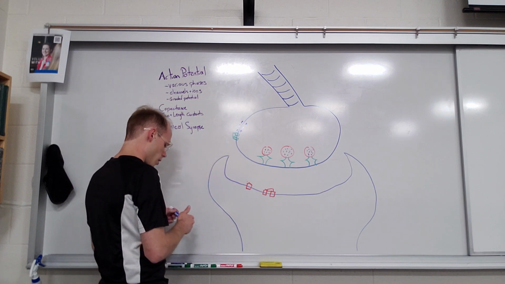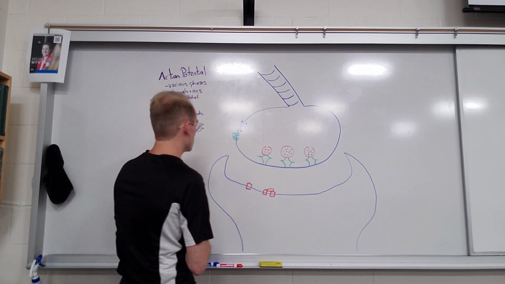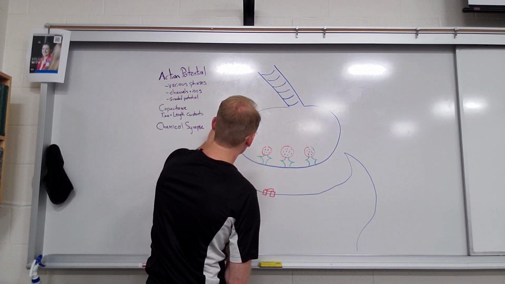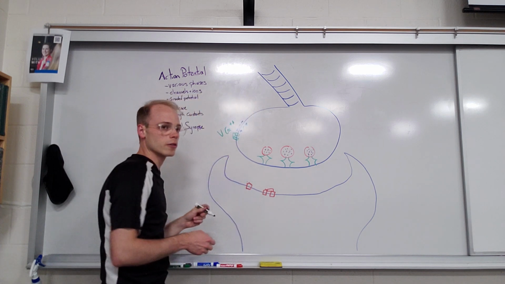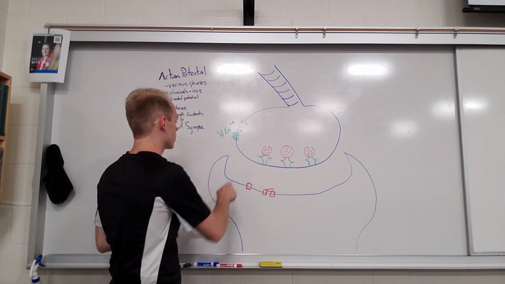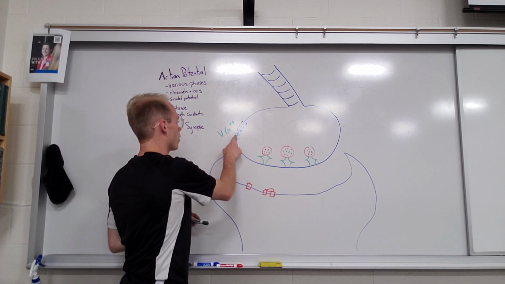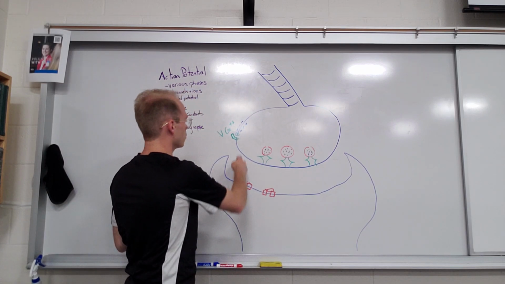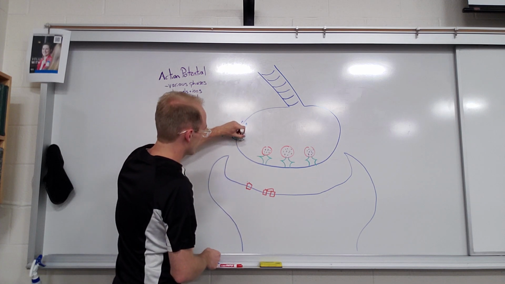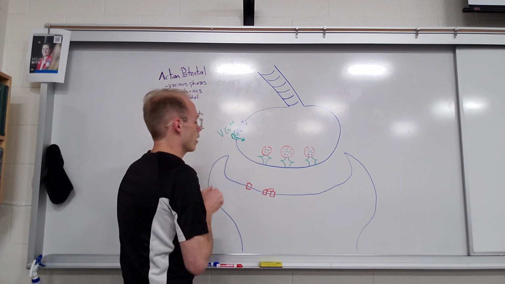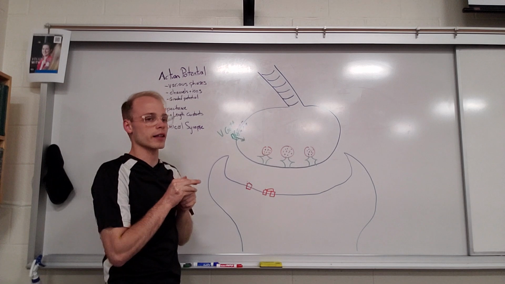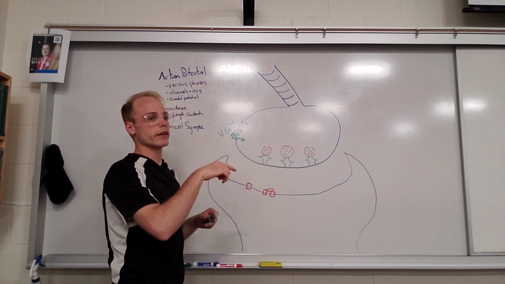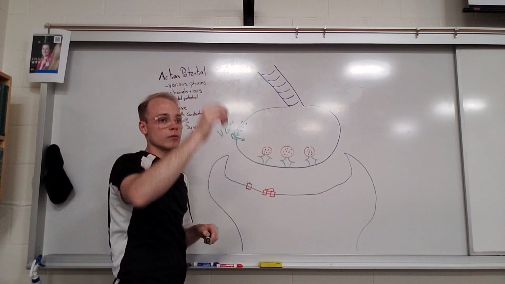This right here is a voltage gated calcium channel. When the action potential hits it, voltage changes, calcium will rush in. And the driving force for calcium, so how badly it wants to go into the cell, is even higher than sodium.